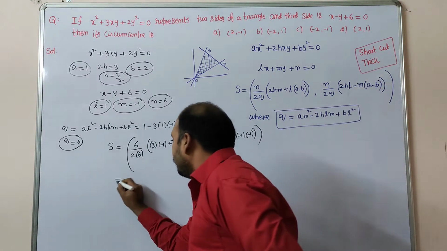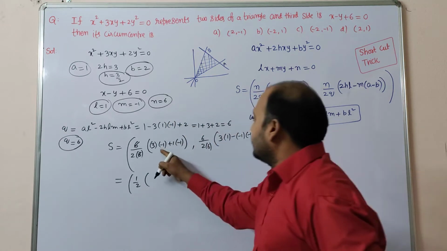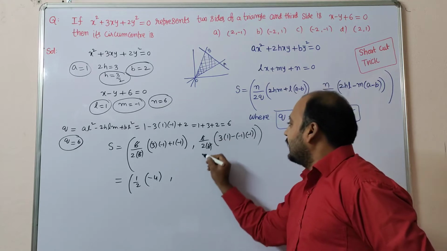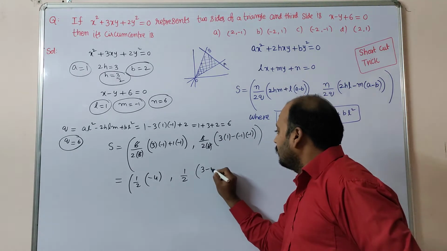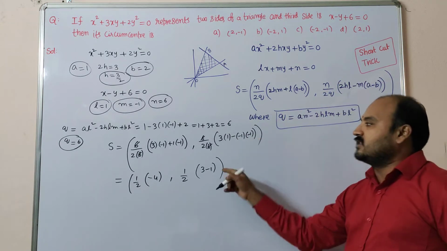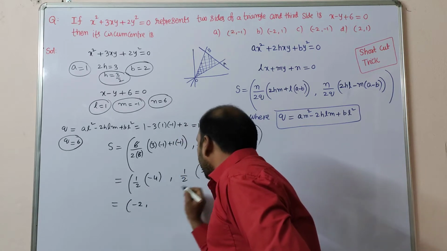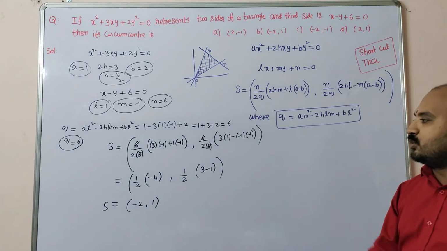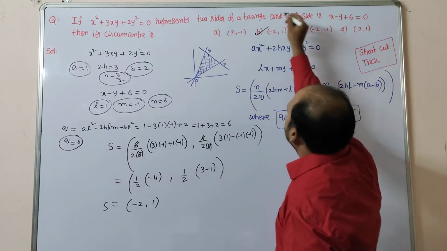The 6 gets cancelled: 1 by 2 into minus 3 minus 1, minus 4, comma, 6 gets cancelled, 1 by 2 into 3 minus 1. Why? Because minus into minus is plus, plus into minus is minus. Dividing by 2, we get minus 2, and 2 2s are 1. Therefore the circumcenter S is equal to (minus 2, 1), which is in the second option.